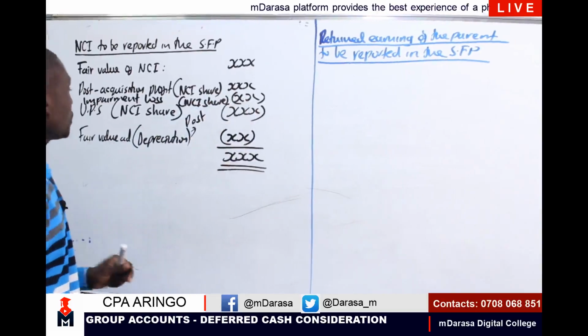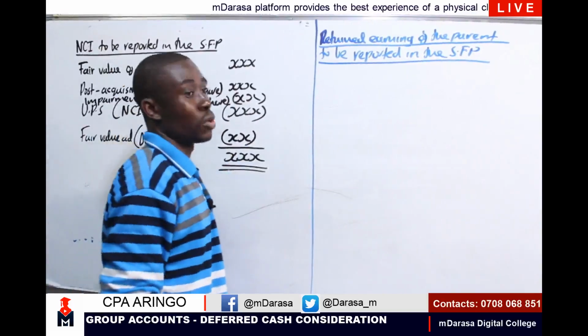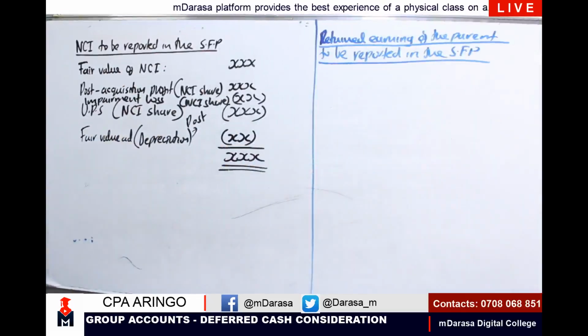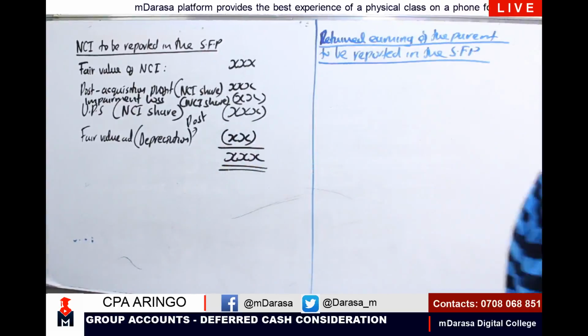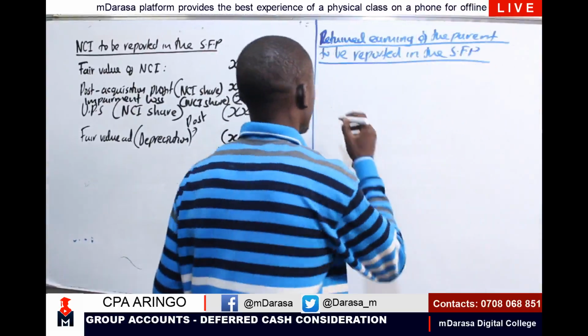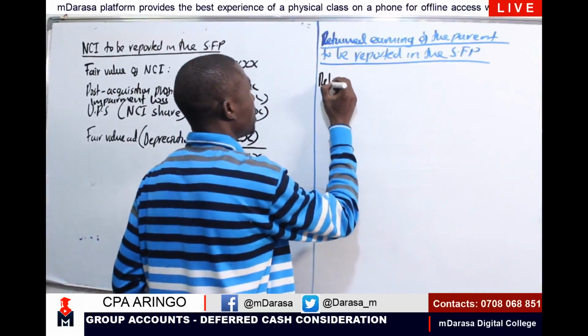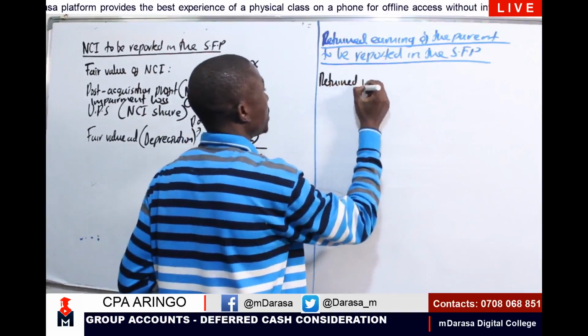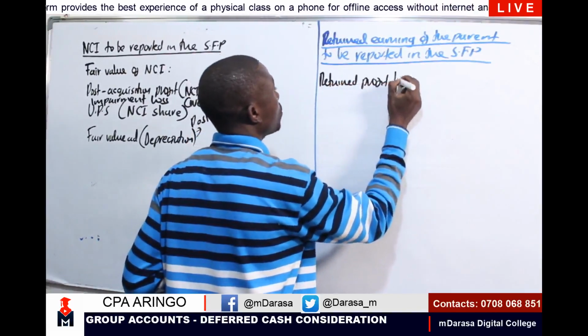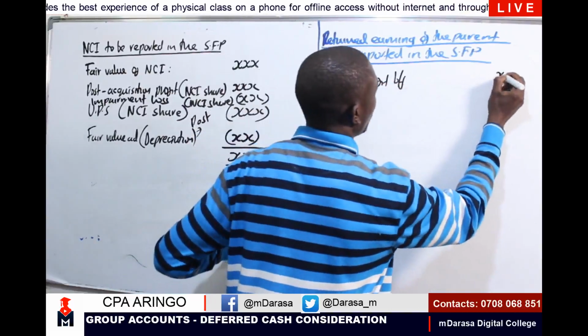Okay? So for retained earnings of the parent to be reported in the statement of financial position, again, you'll find that this will be simple because I'll be taking our retained profit brought forward, of course, of the parent.